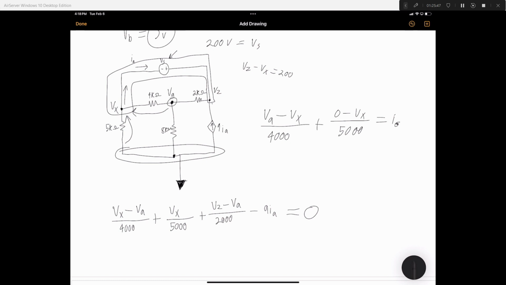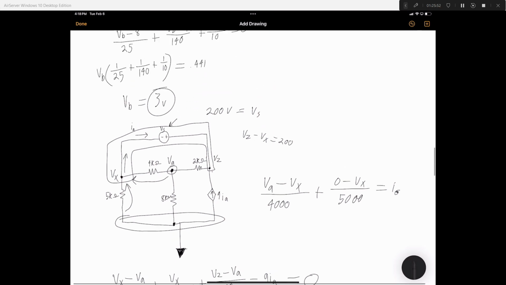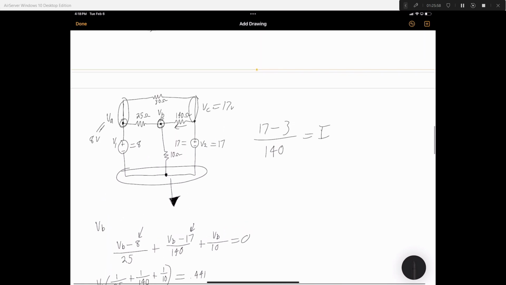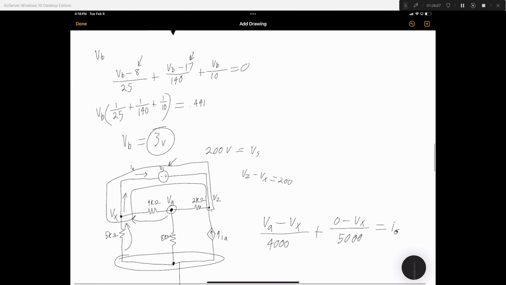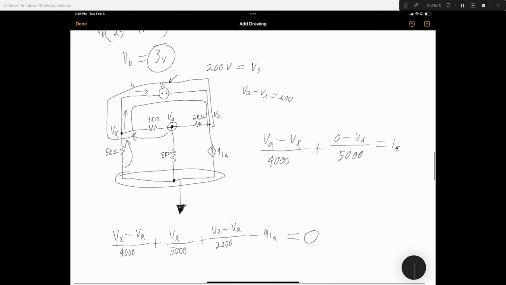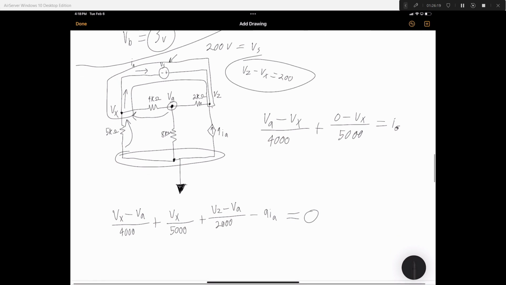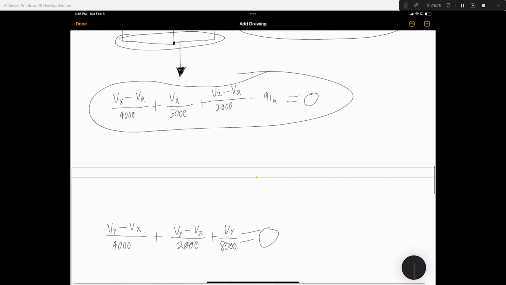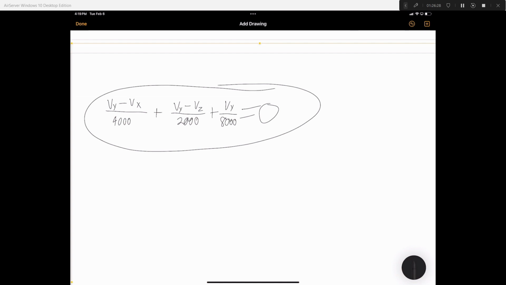Alright, now we're at this point. So how do we solve for this simultaneously? So, we have 4 equations, right? Let's draw a line here. This is where we left off. We have this one, this one, this one, and this one.